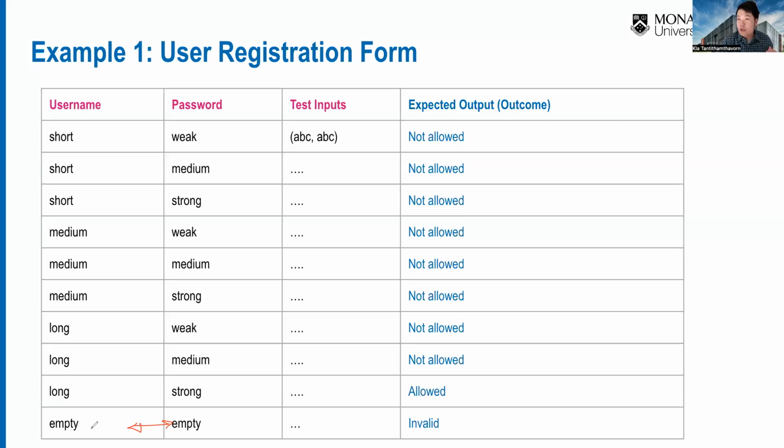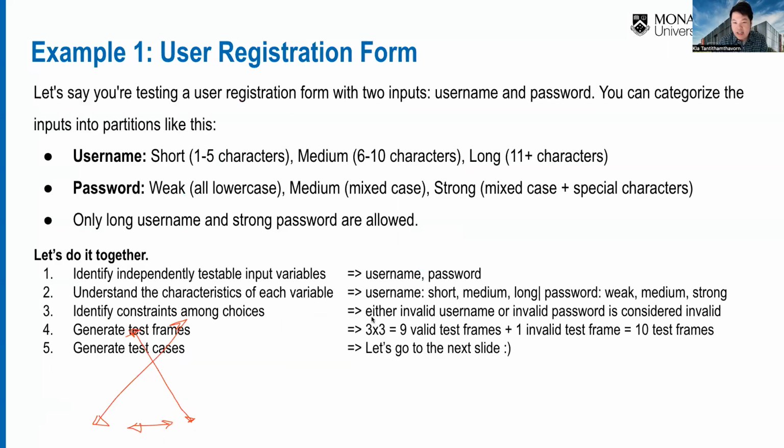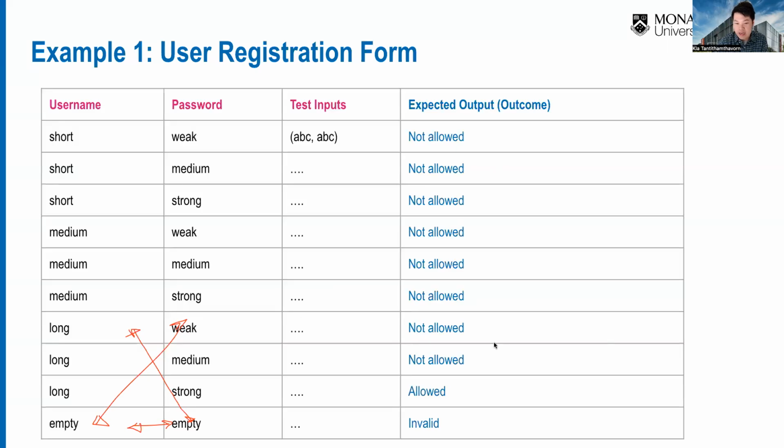Why don't we do the cross combination? Let's say empty weak or long empty like this, right? Because if we understand the constraint here, anything that is invalid becomes invalid anyway. So it is also possible to test, but at the end of the day, the output will be the same as this one. That's why we don't test it. It is redundant. That's what I mean. Does that make sense?